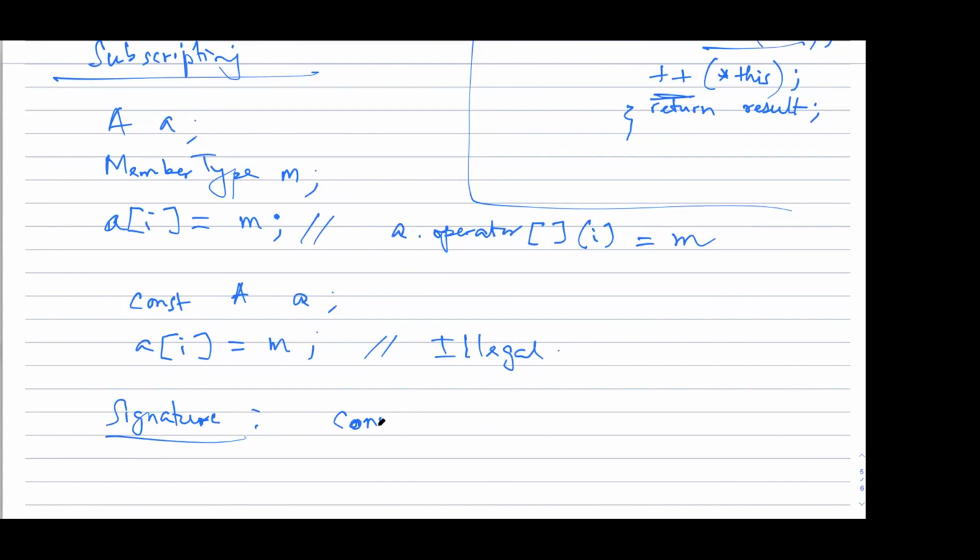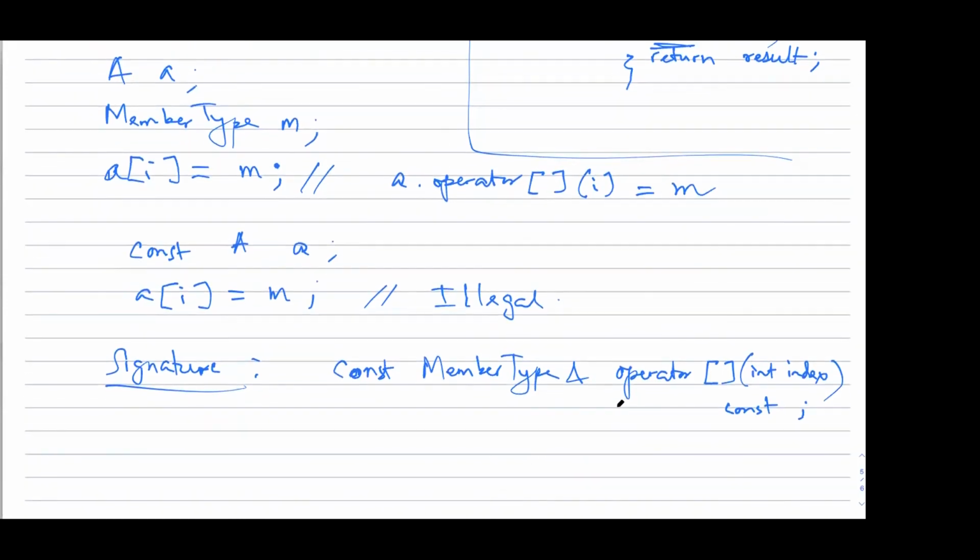So it's going to be const member type& operator[], and this is going to take int index, and here this function ends with a const, because you do not want it to actually change anything in the case when the const is defined.